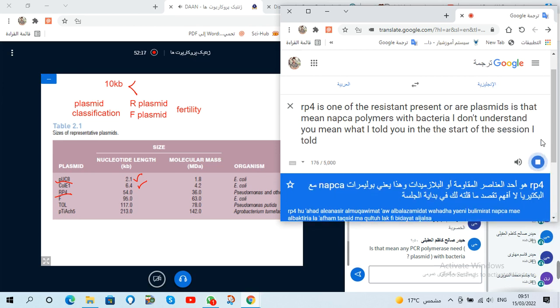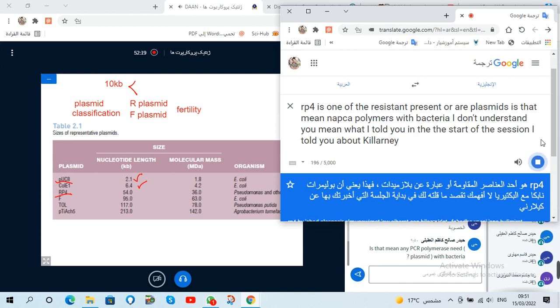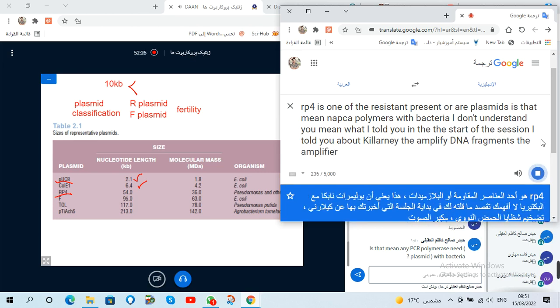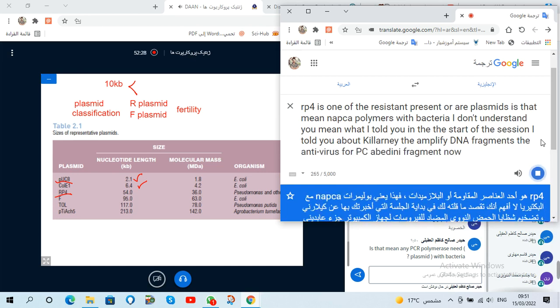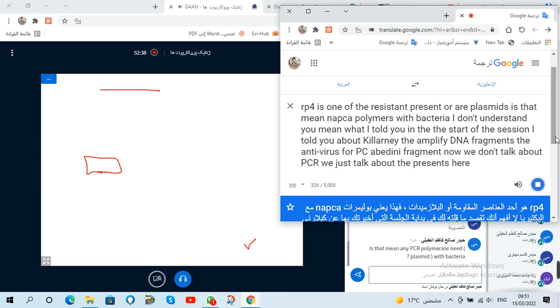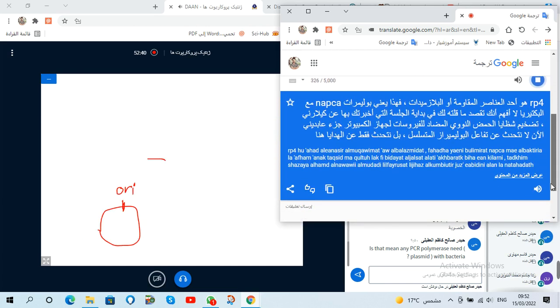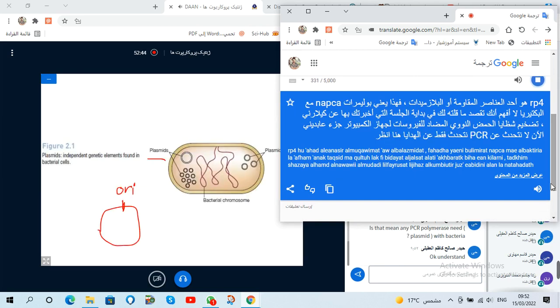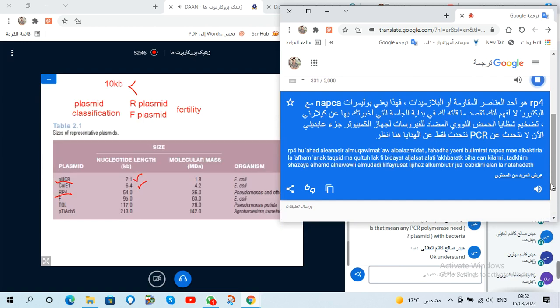I told you about cloning. We amplify, or PCR, our DNA fragment. Now we don't talk about PCR. We just talk about the plasmids here. Look. Okay.